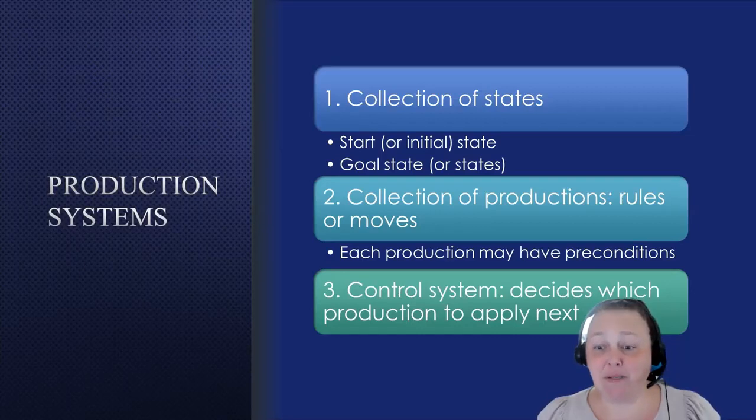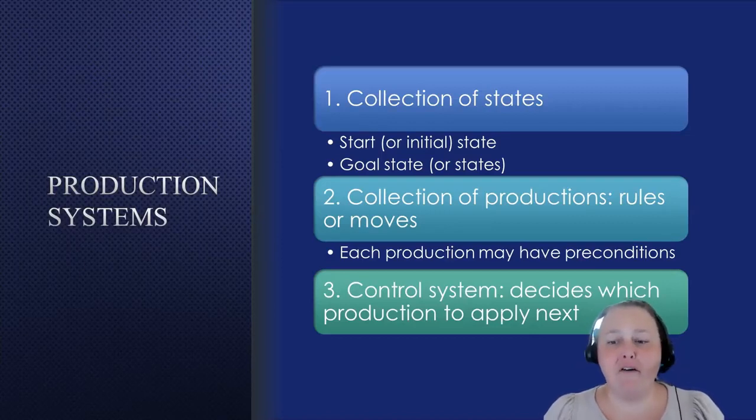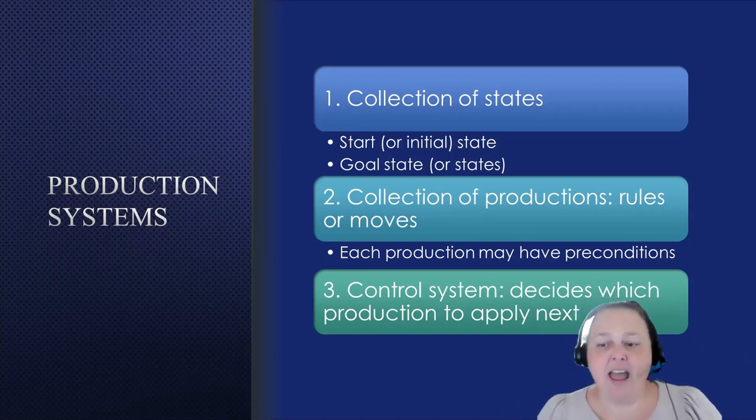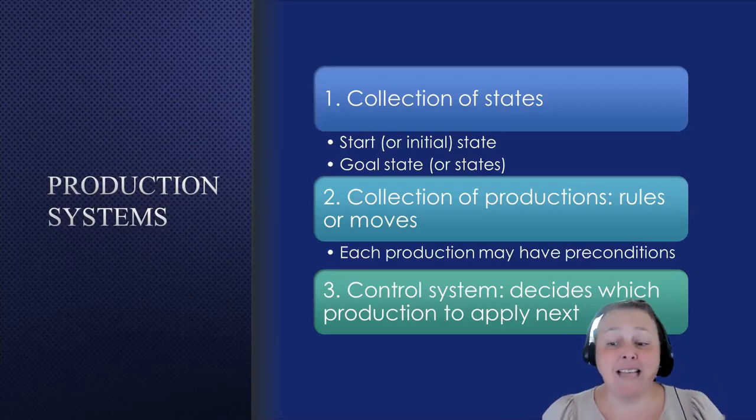Third, we have a control system. The control system is the logic that is going to solve the problem of moving from the start state to the goal state. At each step in this process, the control system is going to have to decide which of the productions and preconditions are there, what that means in terms of what my next move could be.